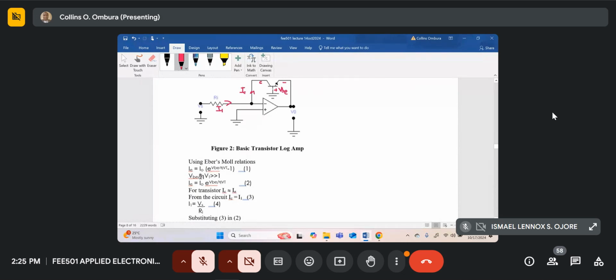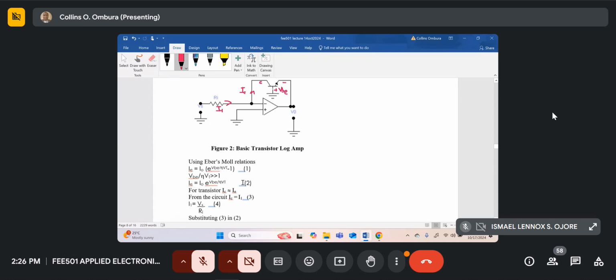And for VB by neta greater than 1, when the transistor just starts to conduct, then we can approximate this equation to be IE is I naught e to the VB over neta VT, where for the transistor, IE is approximately equal to IC. So we can write that from equation 2 that IC is just equal to I naught e to the VBE by neta VT. In fact, that's how Ebers-Moll equation is normally written.